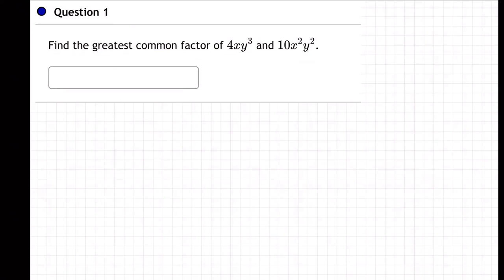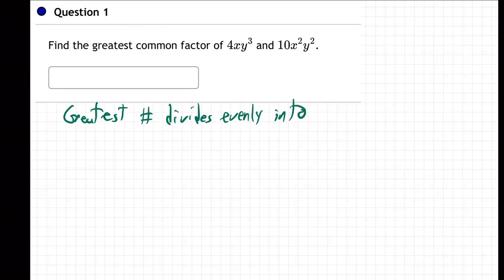The greatest common factor is the greatest number that divides evenly into 4 and 10. So what's the biggest number that goes into 4 and 10 evenly?